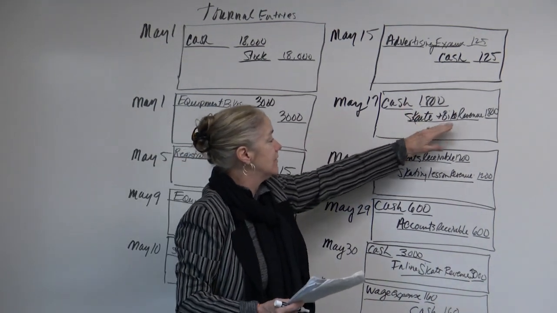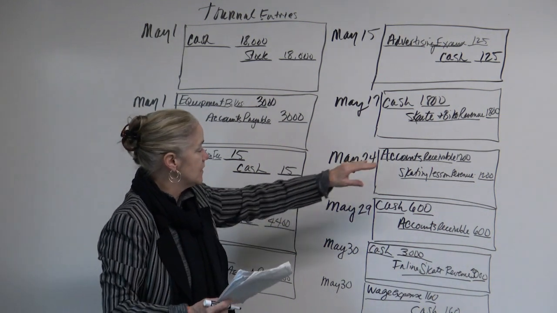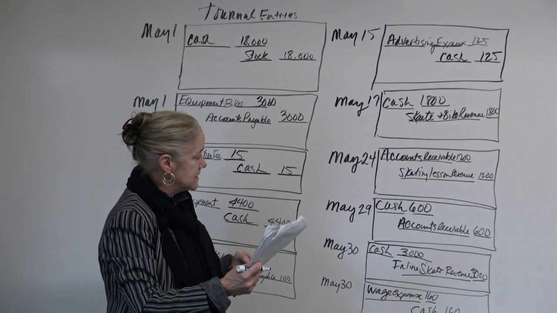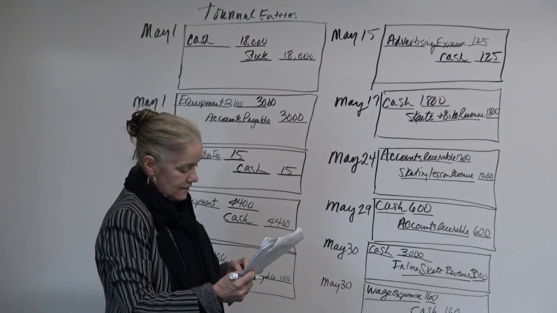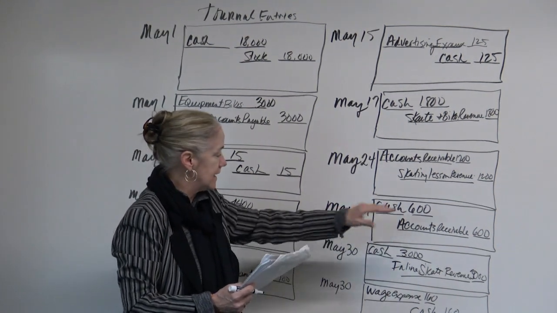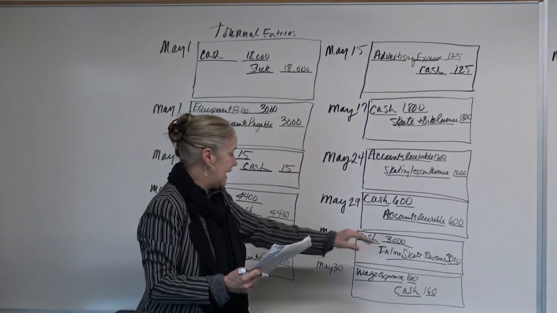Cash $1,800, revenue $1,800. On May 24th, we have accounts receivable at $1,200, and we have skating lesson revenue for $1,200. May 29th, we have cash $600, accounts receivable credit for $600, and on May 30th, cash $3,000.